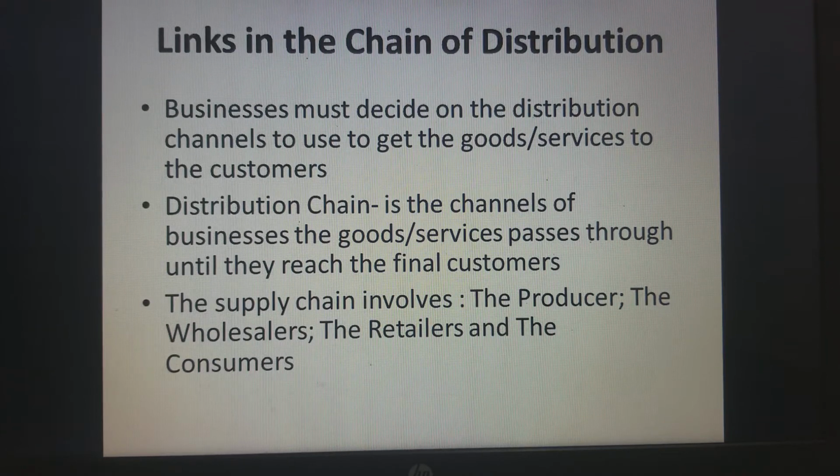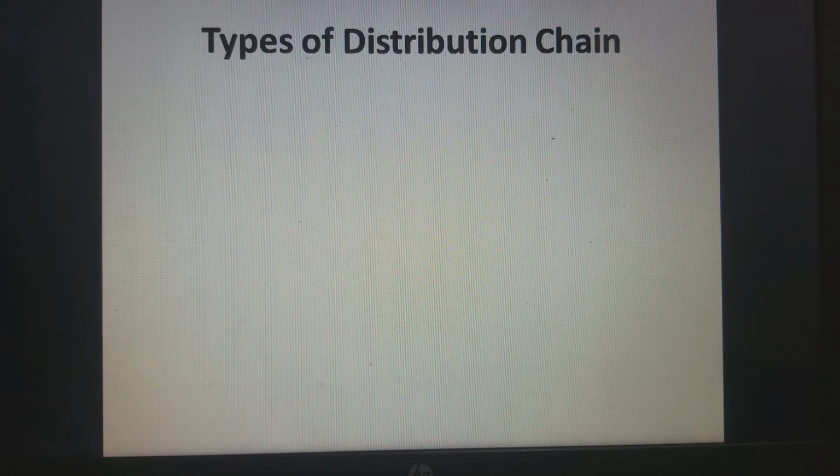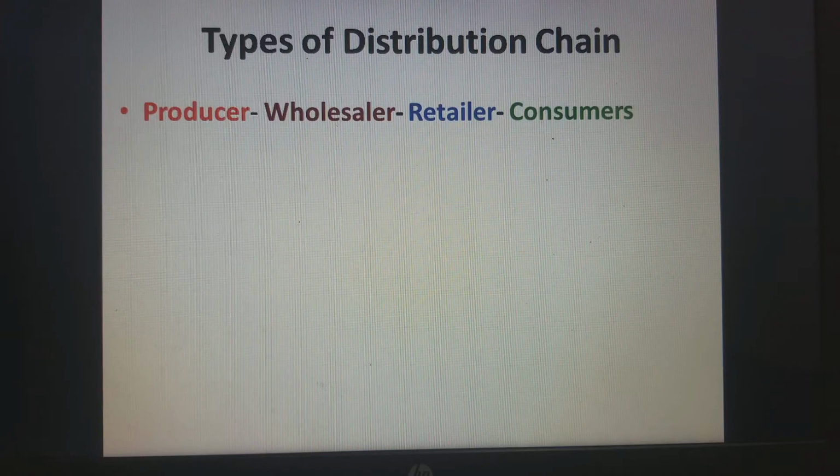The supply chain involves the producer, the wholesaler, the retailer, and the consumer. Now let's look at some types of chain of distribution. The regular, which we consider to be the normal chain of distribution, has the goods moving from the producer, then to the wholesaler, then to the retailer, and then to the consumer.